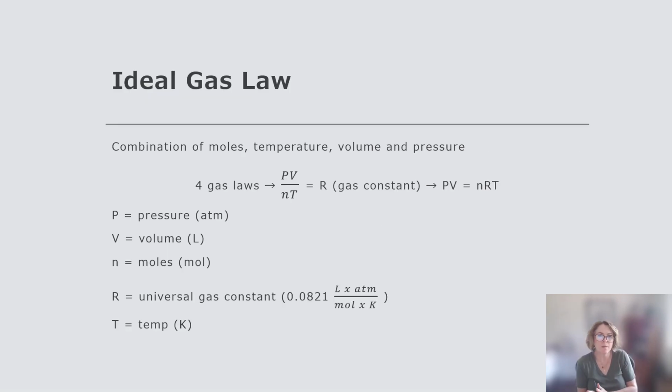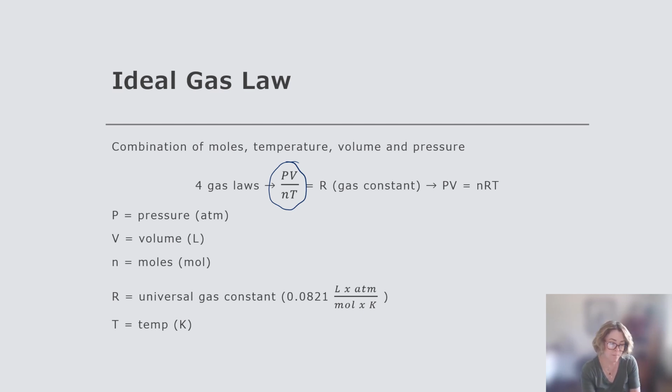So next we're talking about the ideal gas law. And when using the ideal gas law, we're looking at this combination of moles, temperature, volume, and pressure, and how all of these variables are related to each other. Now, if I put all four of my gas laws together, I get PV over nT.